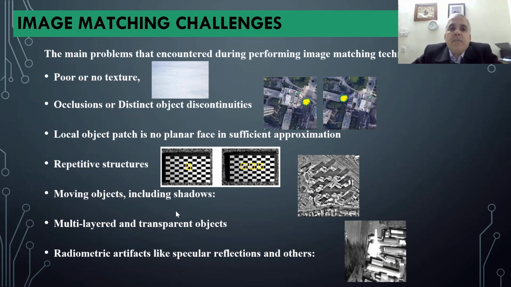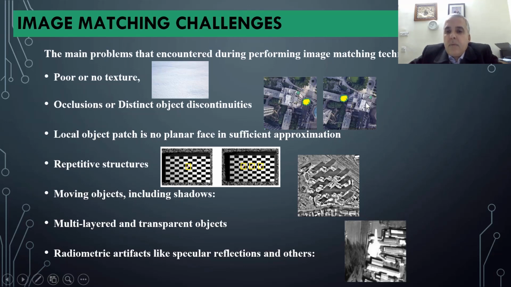Let's talk about the image matching challenges. There are many challenges in image matching, based on Zhang 2005. Actually, image matching will fail when there is no texture or very poor texture, like snow or wood. It will be very difficult to compare two pixel values, and therefore it will fail. Or occlusion or distinct object discontinuity. As you can see here, for example, when the plane is here, this part is occluded while this part appears.